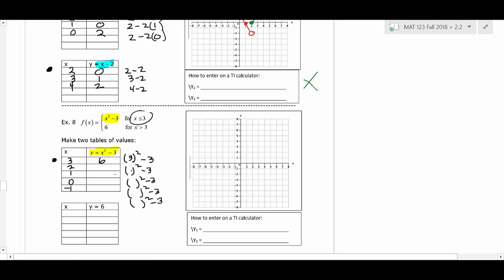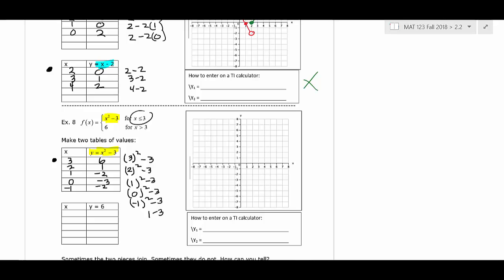The next one, you plug in 2. 2 squared minus 3 is 4 minus 3, so that's 1. Then you go to 1. That would be 1 minus 3, so that's negative 2. Plug in 0. That gives you negative 3. Plug in negative 1. The negative 1 squared becomes 1, and 1 minus 3 becomes negative 2. Don't mess up on your arithmetic. You've got a calculator to use, so if you have to, do it.